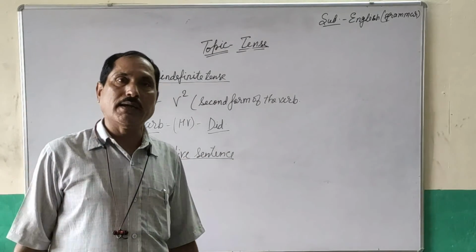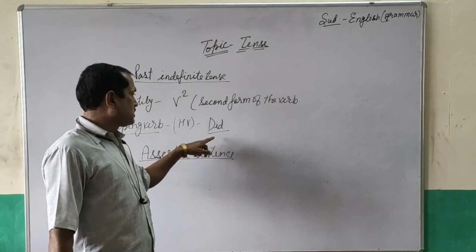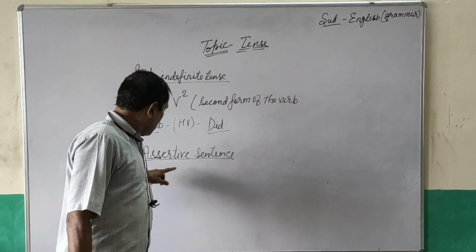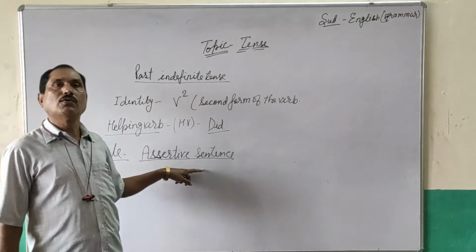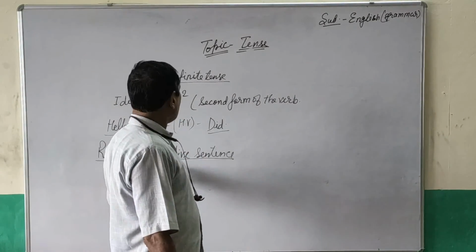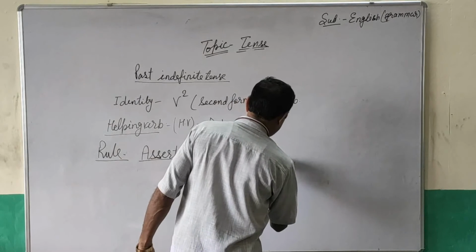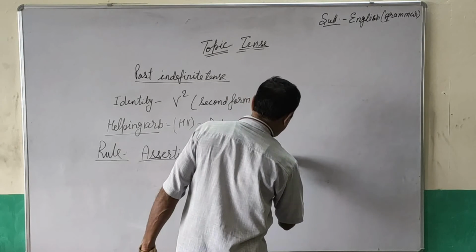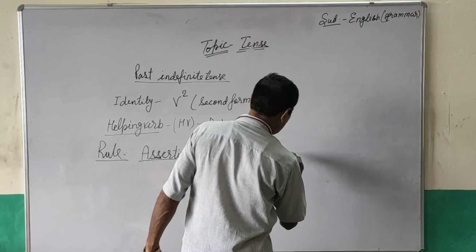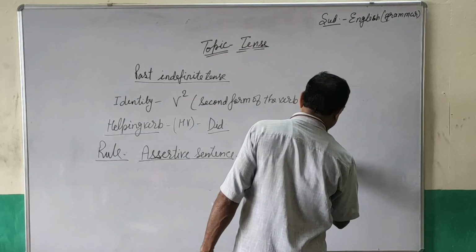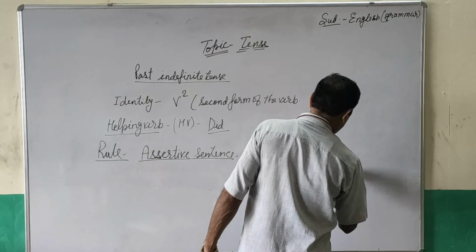In interrogative and negative sentences, we use helping verb, but in assertive sentence, we do not use did. Subject plus second form of the verb plus object.